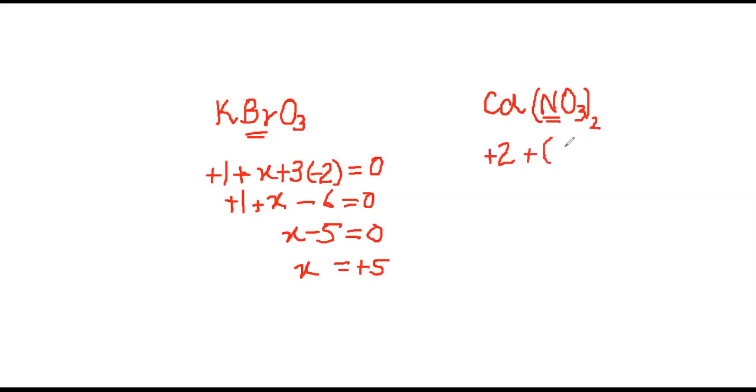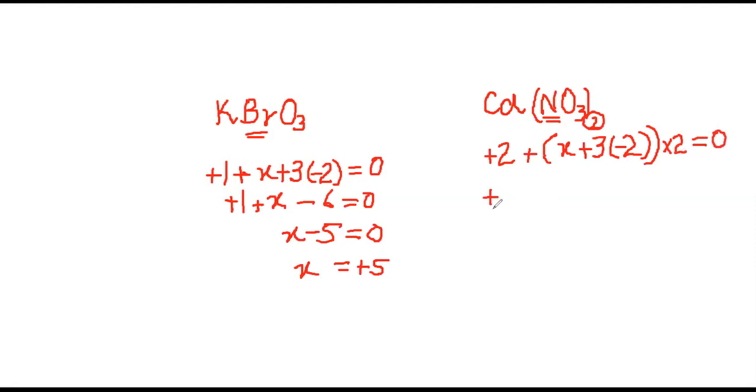Nitrogen, we don't know, it is X. Oxygen, minus 2. How many atoms? 3. Multiply with 3 and bracket close, multiplied by this 2. It must be equal to 0.